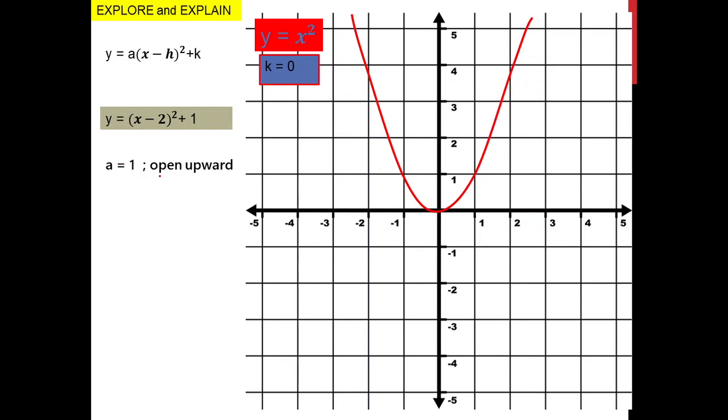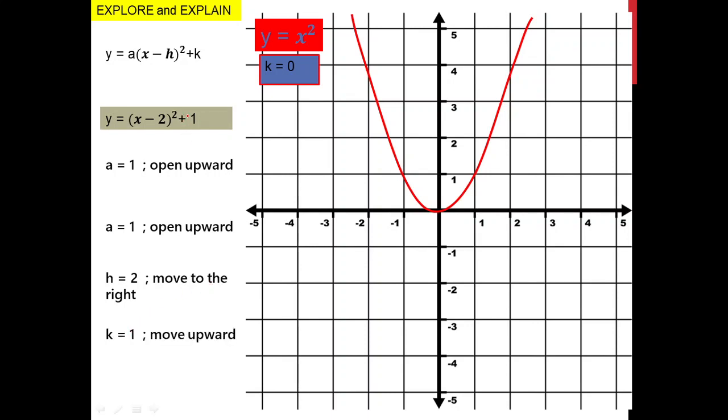Since a is positive, we can assume that our parabola opens upward, right? So here, h, since the sign under the quantity is negative, let's take the opposite sign of the negative. h is positive 2. Therefore, we can say that our parabola moves 2 units to the right.